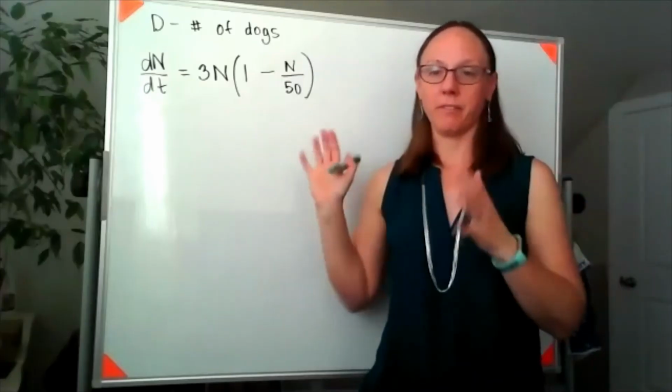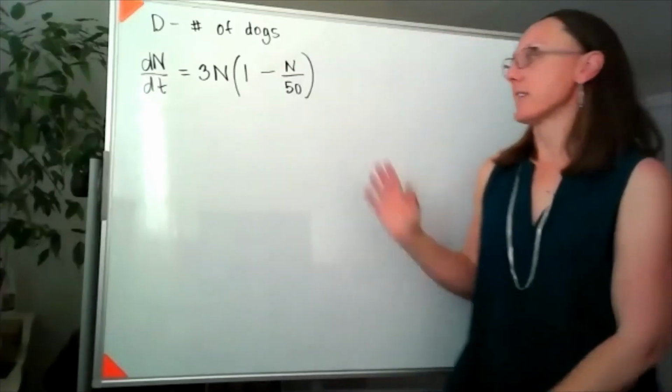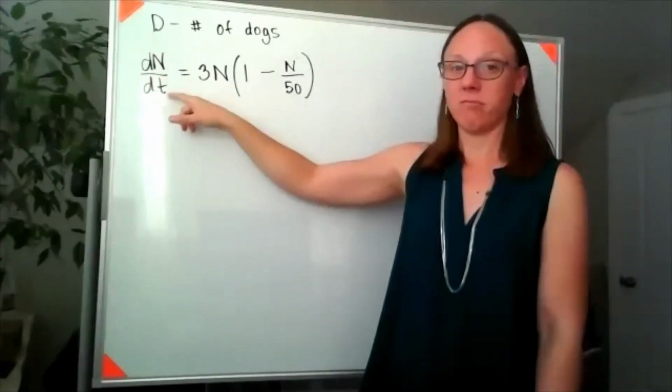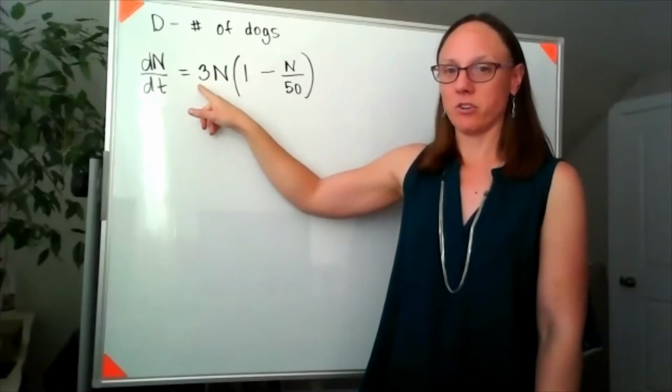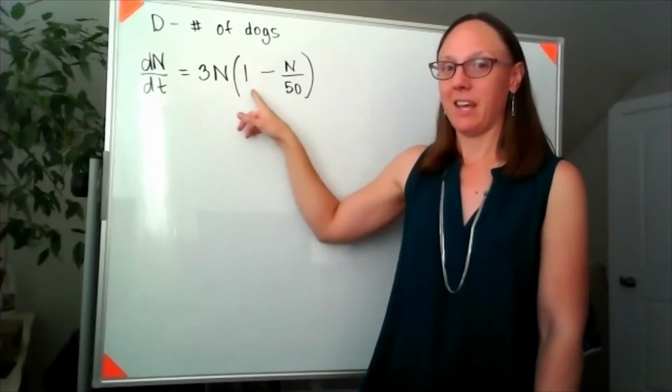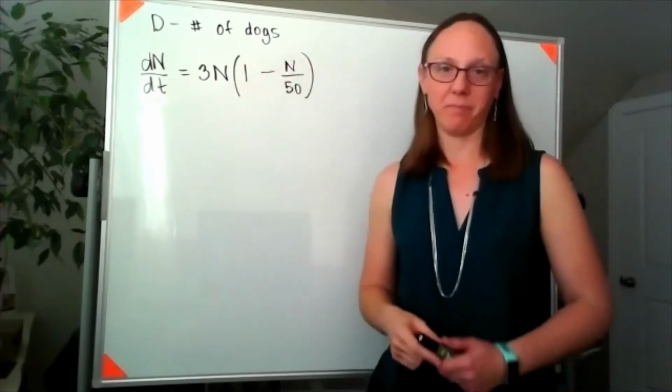So the way that my population of dogs is changing is proportional to the number of dogs in my population times 1 minus n over 50.